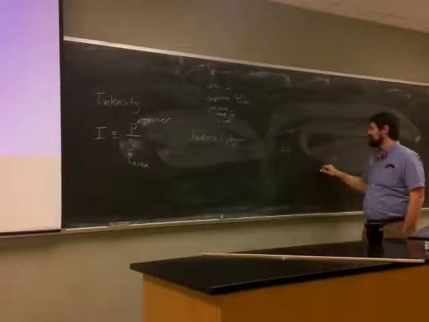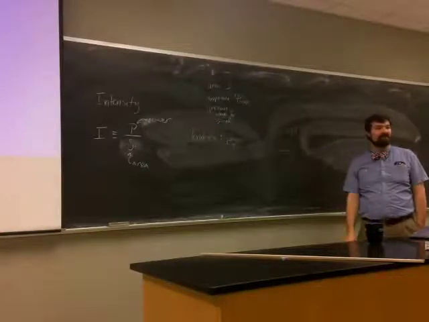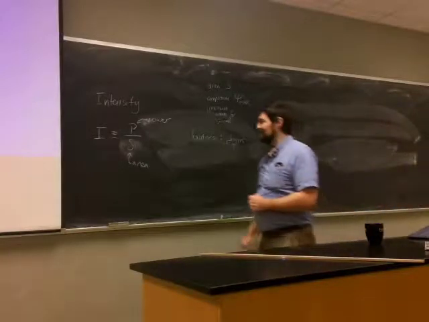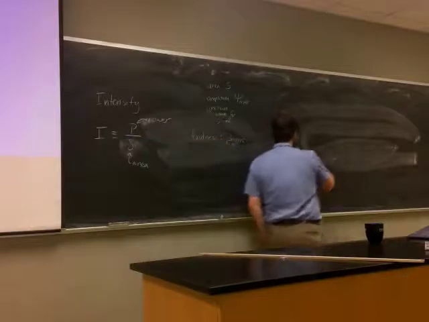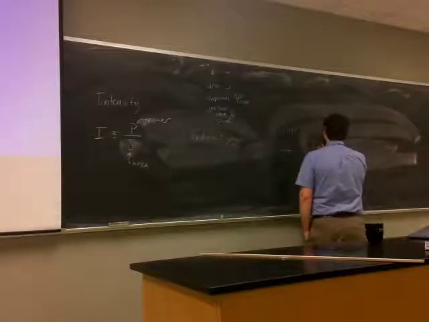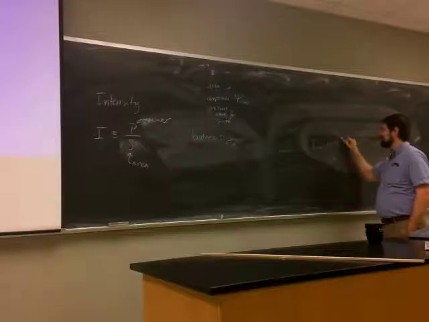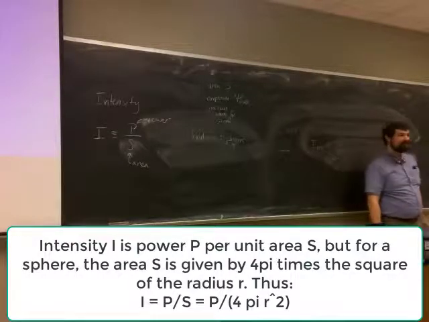If I'm out here, I'd have a different value for r, and therefore a different value for the area. Okay, implication of this is that for a point source, I'll write it over here, I for a point source should look like the power divided by 4 pi r squared.